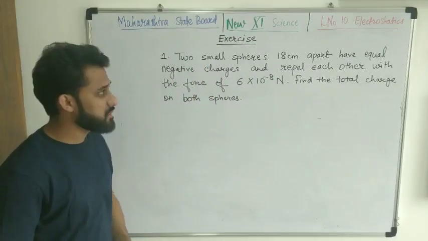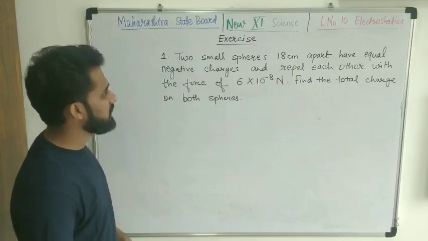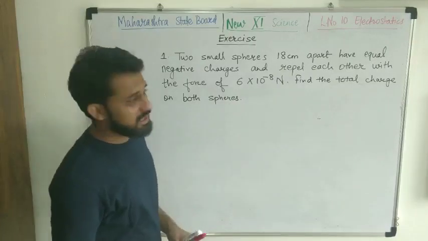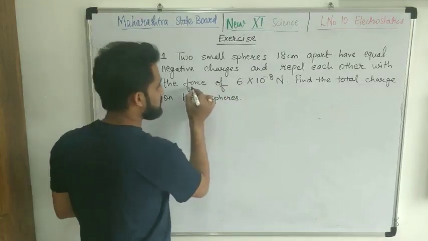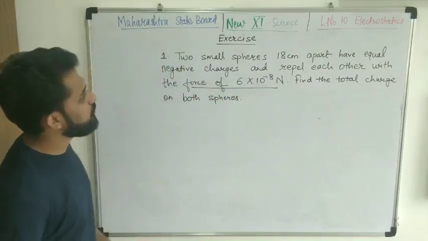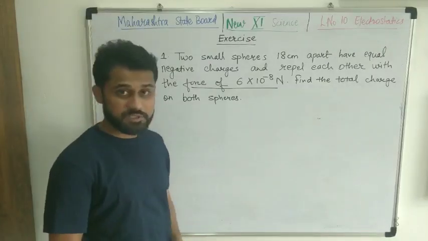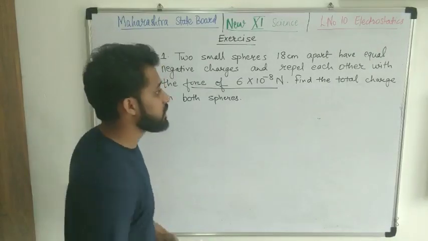Now this is a very basic question, and we will straight away start with the formula. If you read the question, you will understand the question is about force between the charges. Very important line, the force is given. So the force between two charges in electrostatics is based on Coulomb's law.